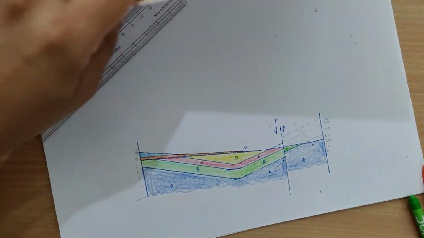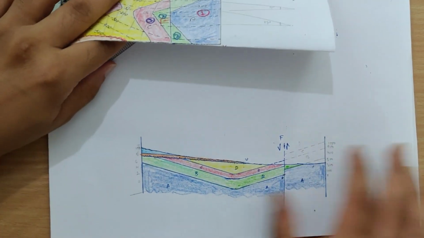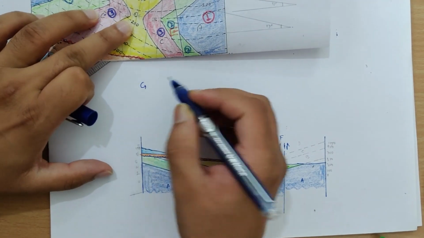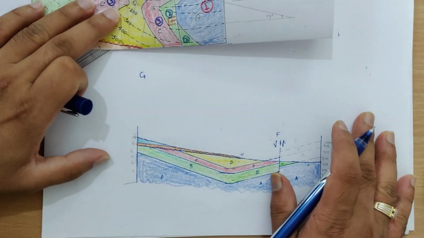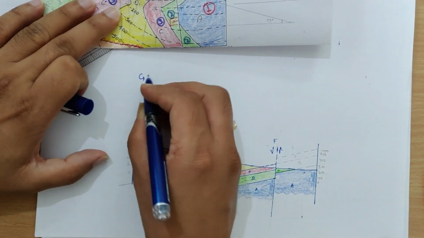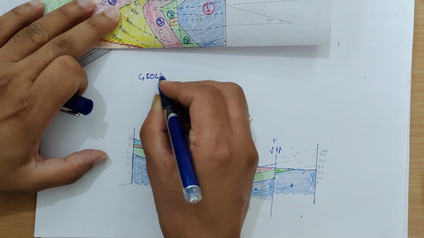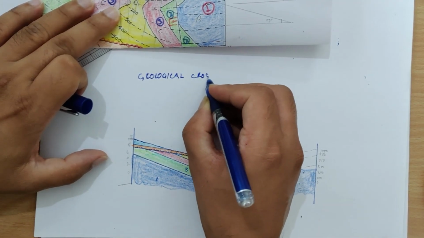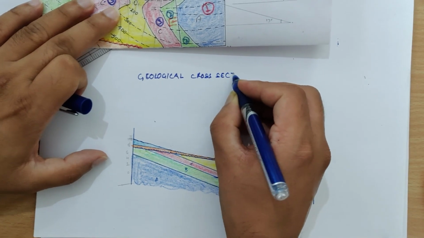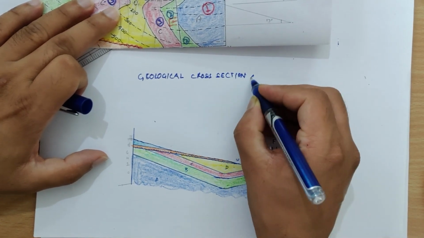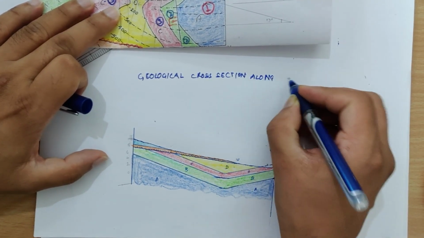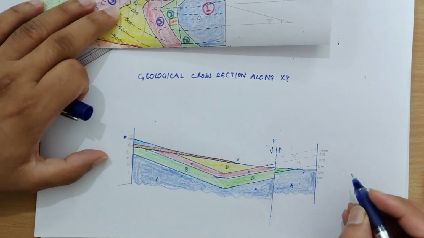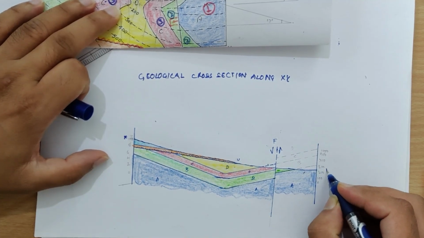So we can write here that this is our geological cross section along x. So in fact this point is x and this point is y.